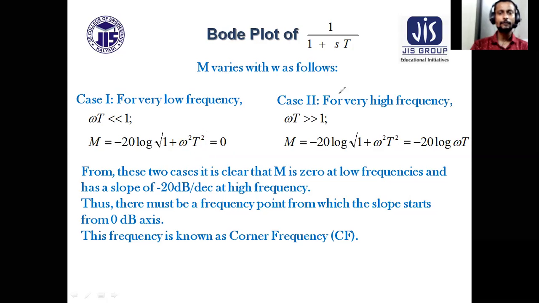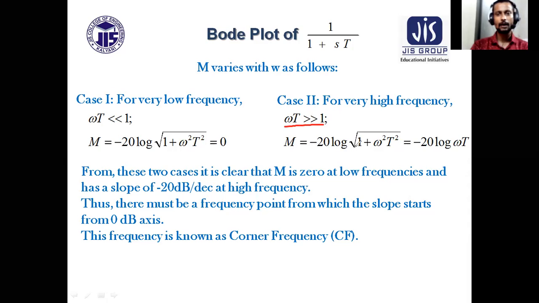Now what happens for very high frequencies? For very high frequencies, omega is much larger. So omega t consequently will be very large, much larger in comparison to 1. That is why we could write omega t is very much greater than 1. Now if omega t is very much greater than 1, then M equals what?